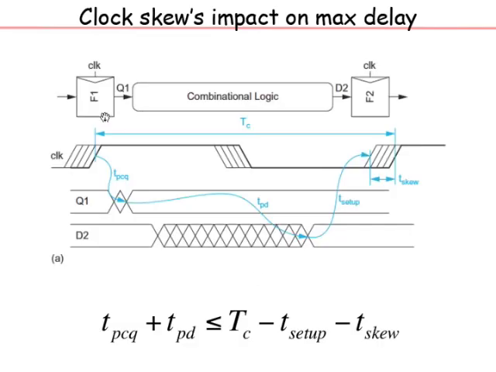And what we saw was that if you look at the max delay constraint, when a launching flop launches the data, it takes a time TPCQ, the propagation delay from clock to Q. It goes through the combinational logic with a TPD, and then it has to be ready by a time T setup before the next clock edge.